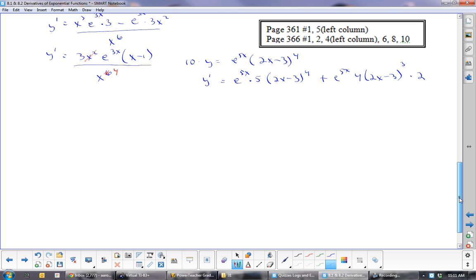Okay, we can take out, can we take out an x? No, we can't take out an x. We can take out an, oh, e to the 5x. Yeah, let's take out a 5 e to the 5x. That would leave me, and a, oh, what else? We can also take out a 2x minus 3 to the 3. Oh, no. Okay, yeah, you're right, I can't take that out.